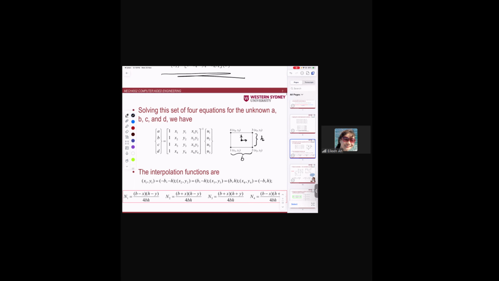In that case, we can find that if the coordinate system is located at the center of this rectangle, and we know the width is 2b and the height is 2h.